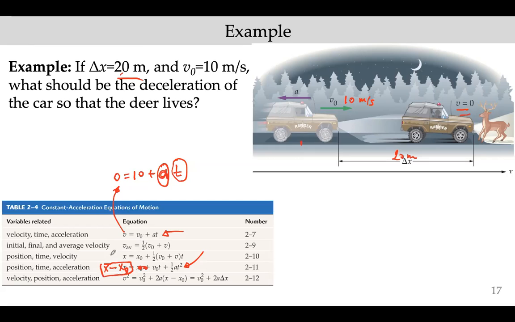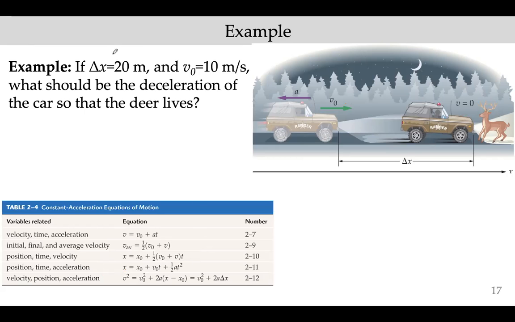So it will be 20 meters. And here I know what this is. This is 10. And here I don't know a, and there is also unknown t squared. So I have two equations now, and I can solve these together, right? Two equations, two unknowns. But that's taking too much time. Why don't we use another equation?